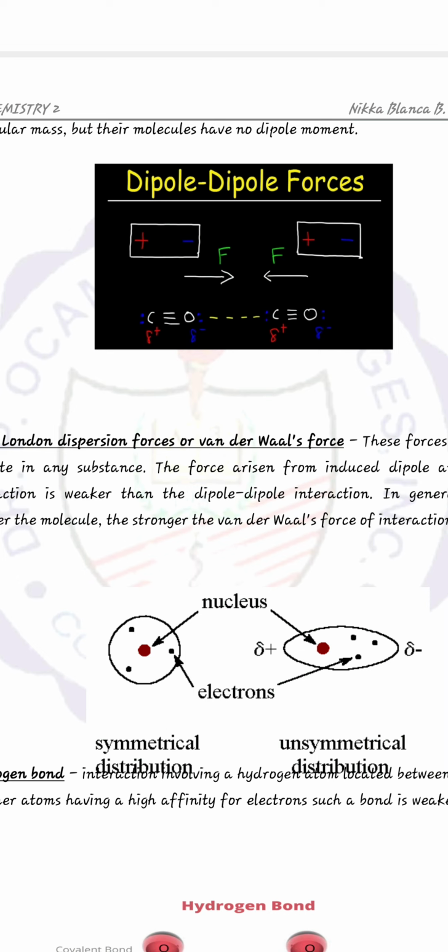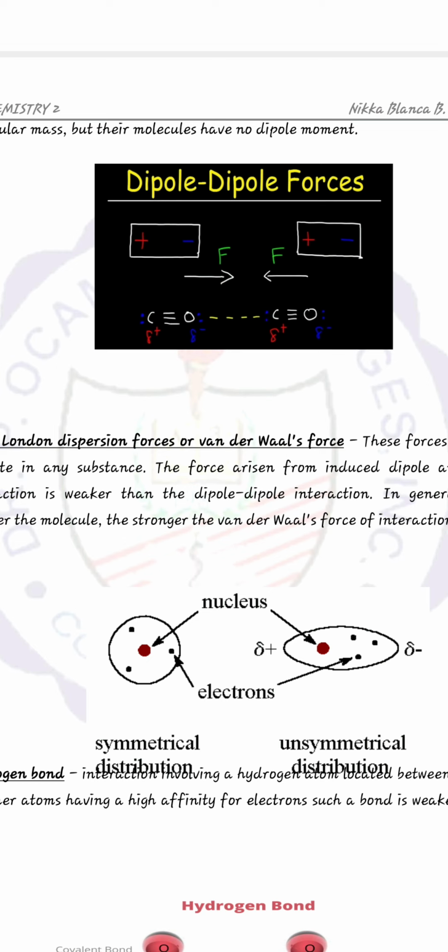So if we explain this kind of distribution, remember this statement I will be saying to you. If the atoms in the molecule are in a symmetrical distribution, meaning to say the charges are balanced by each other. But if the atoms of the molecule are asymmetrical, it is considered to be polar.